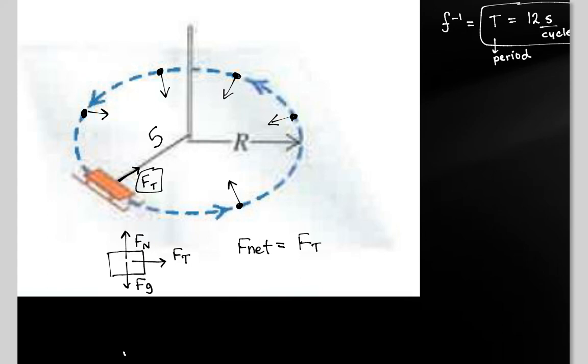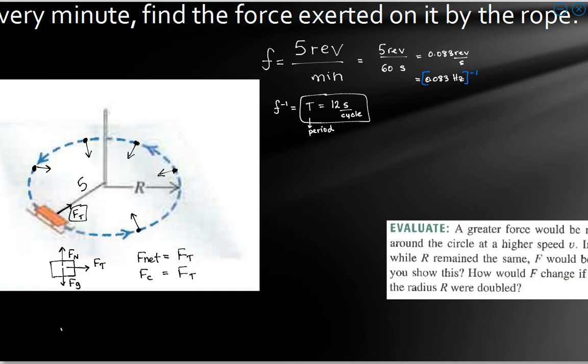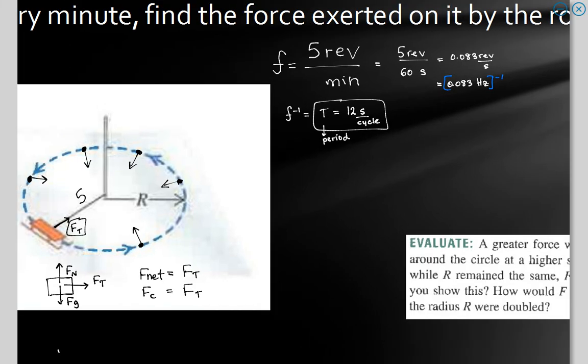We're not interested in the vertical stuff. Those forces in a sense cancel out, equal and opposite. And F net has a special case for centripetal motion. So we say Fc equals Ft. Okay, so Fc, the centripetal force, is the force in the string, the tension force.